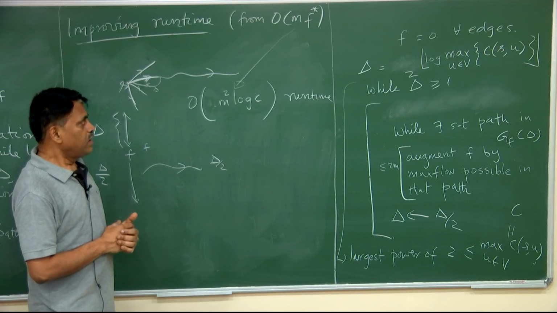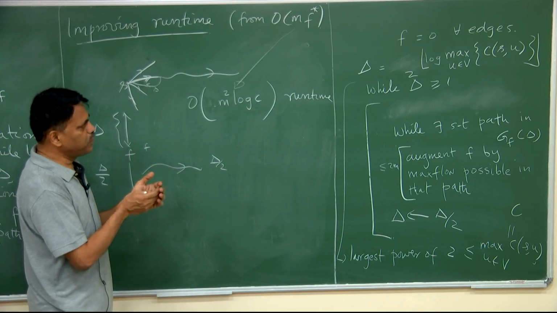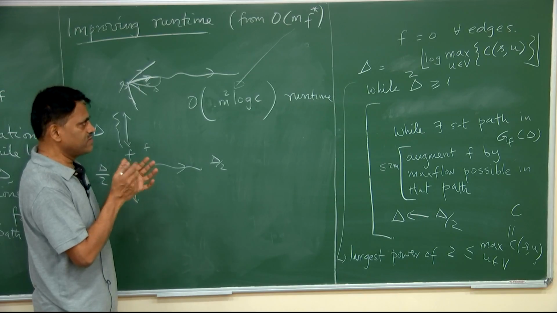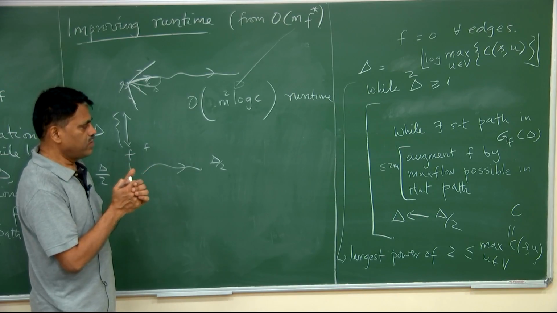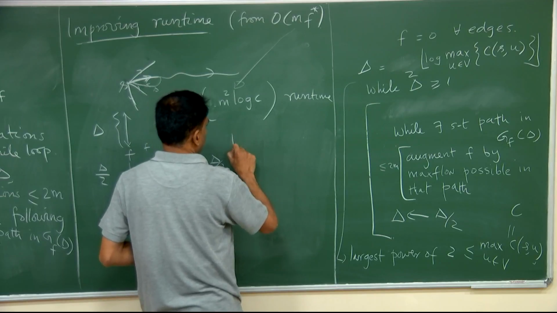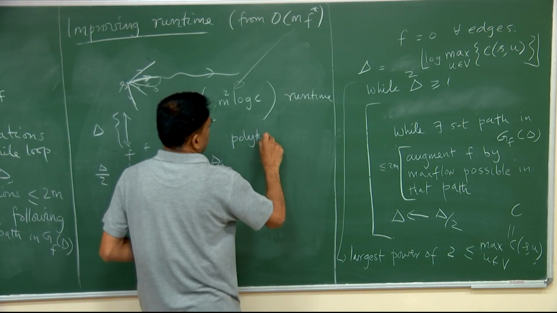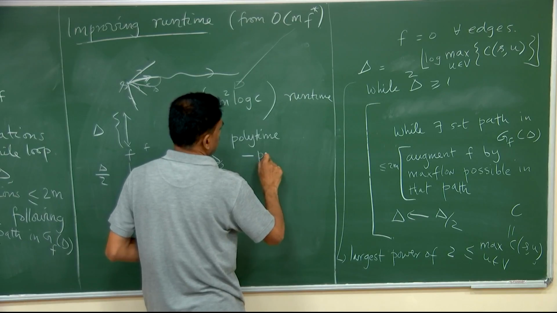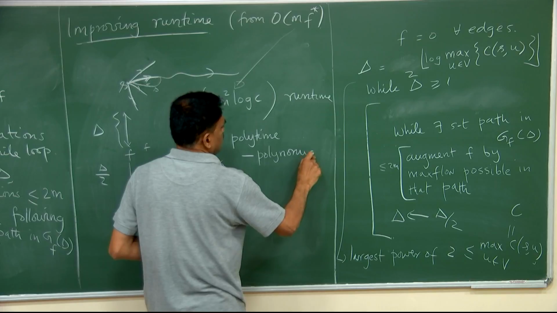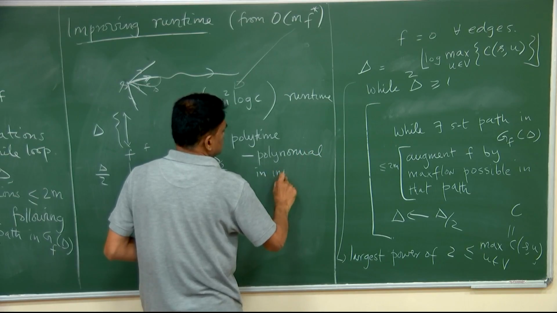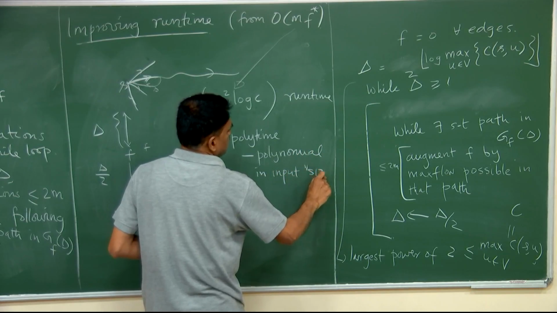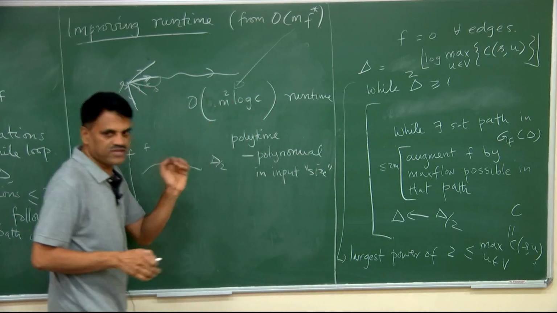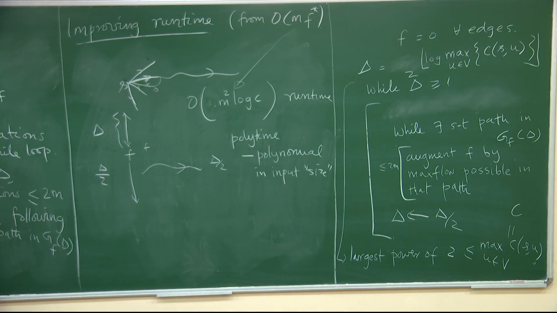It still is not purely strongly polynomial time. This is polynomial in input size, which means that if I write down the capacities in binary, then log of the values is the number of bits I need to write down these numbers.